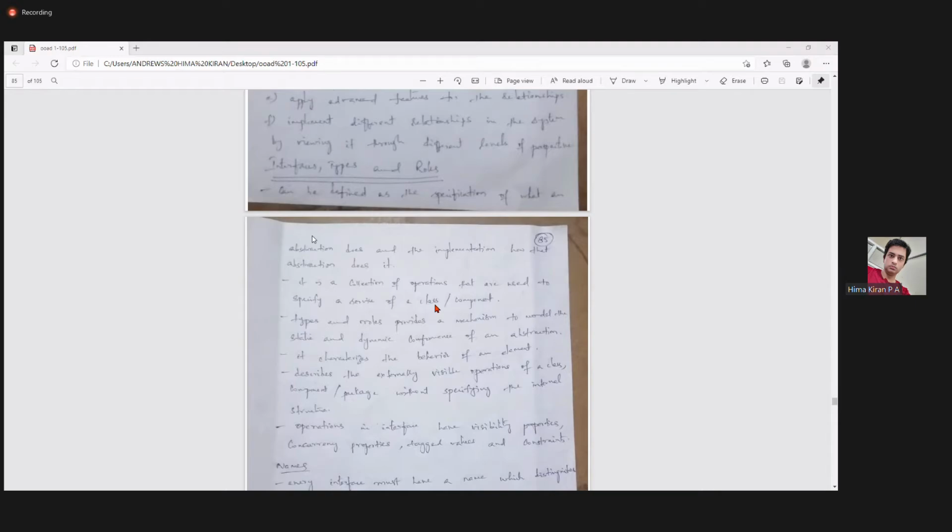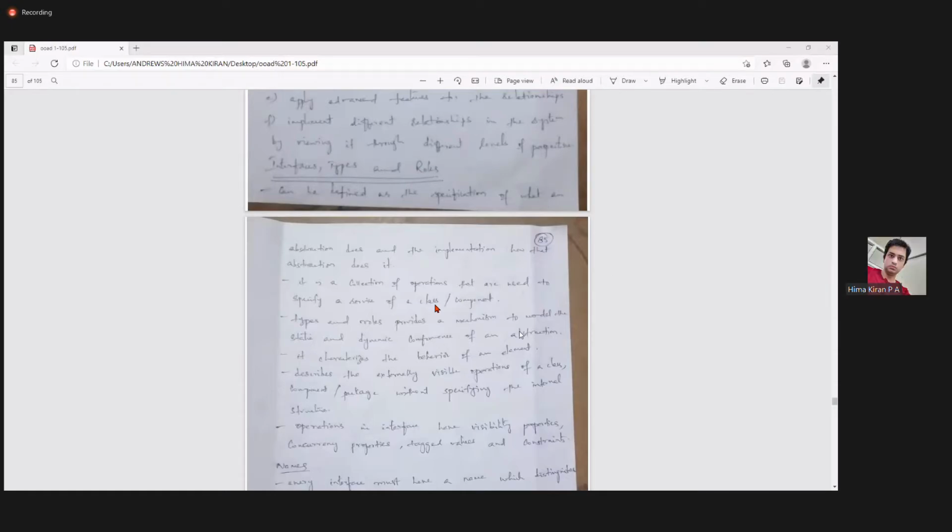Responsibilities, I think, are also not needed in the interface. It concentrates only on the services given by the class to the user. Next, it is a collection of operations that are used to specify a service of a class or component.